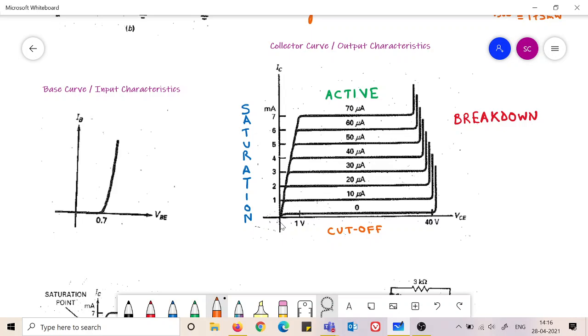So when you have VCE starting from 0, you are initiating the reverse bias condition in the collector base junction. So when the reverse bias condition is getting initiated, what happens? There is a saturation current in the reverse bias region for some time.